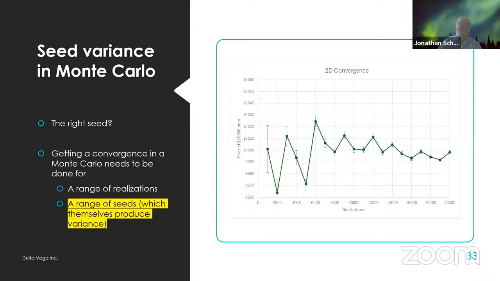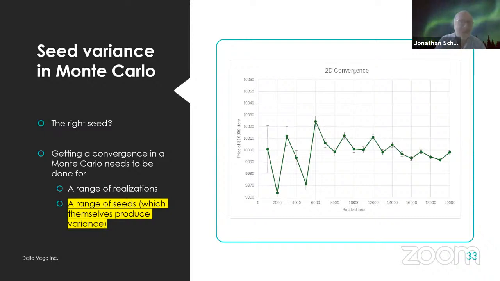So, every pseudorandom number starts with a seed, and that's useful because you can start sequences and make sure you're using the same thing. But on the other hand, it means that if you go to the regulator or senior management and you give them a number and it was from one particular seed, so that's the right seed. If you did it from 10 different seeds, you could get 10 different numbers.